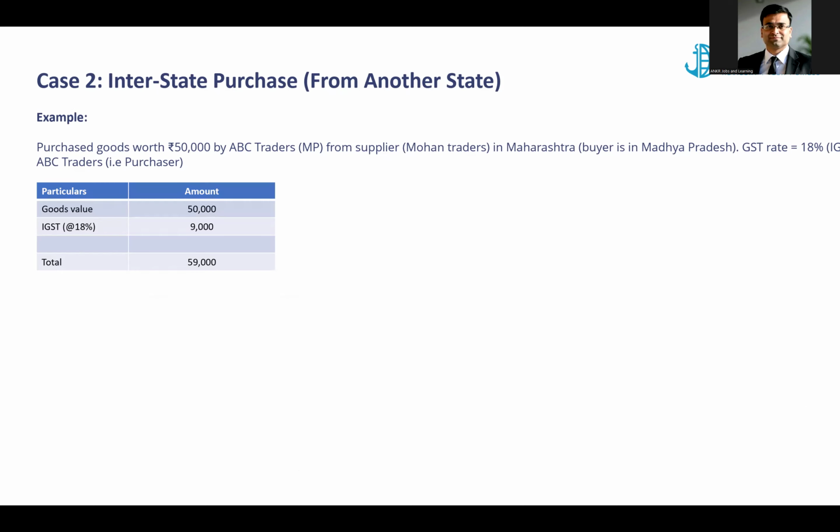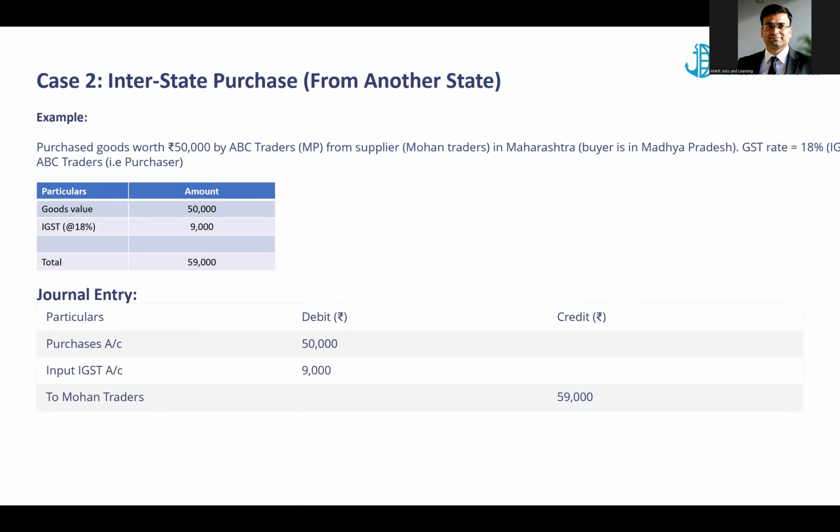Goods are worth 50,000. IGST, complete 18% will go as IGST, which will be 18% of 50,000, which is 9,000 rupees, and the total bill value would be 59,000. Now, what will be the entry? Again, purchase account will be debited, which is 50,000.